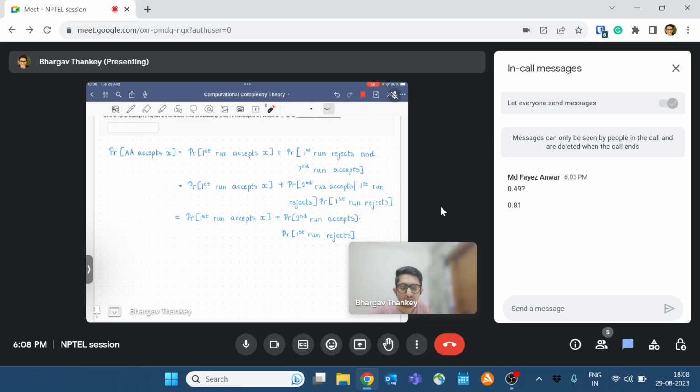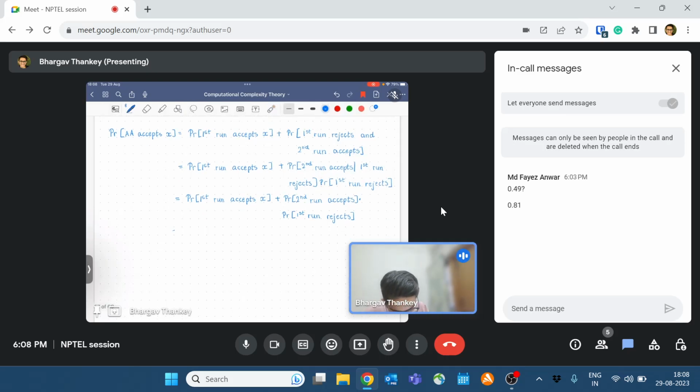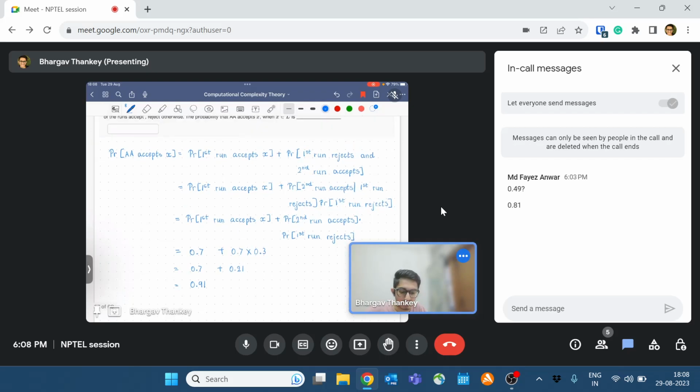Because these are independent events. We are using independent random bits in both runs, so the conditional probability is the same as the actual probability. So this is just 0.7 plus 0.7 times 0.3, which is 0.91. That's one way to do it.